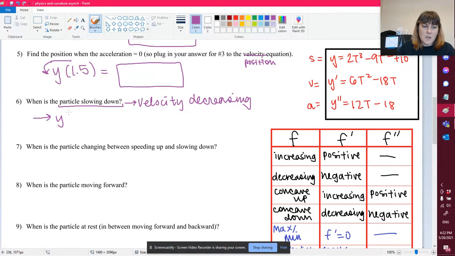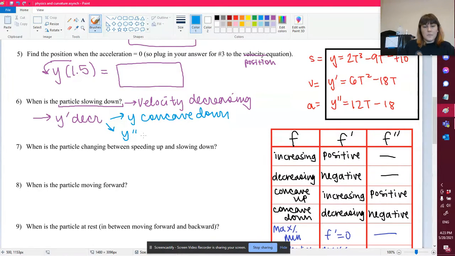Velocity is the first derivative. So now we're basically asking, when is y prime decreasing? We can look down here on our chart of relationships, and we can say that f prime is decreasing either when the original function is concave down or when the second derivative is negative.